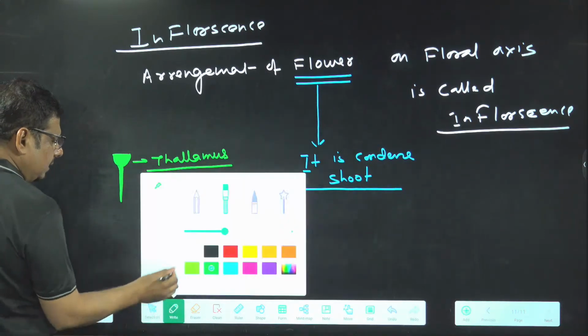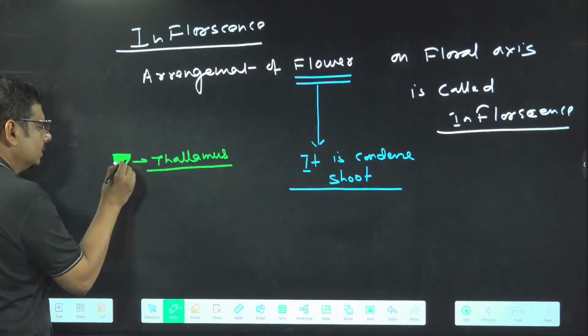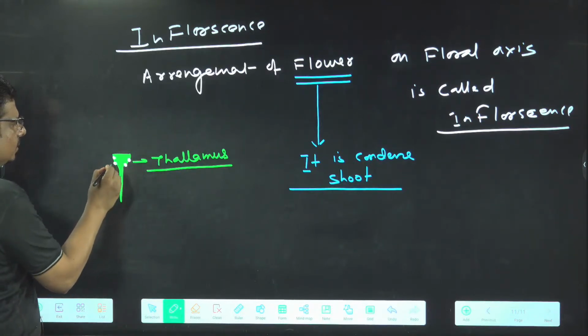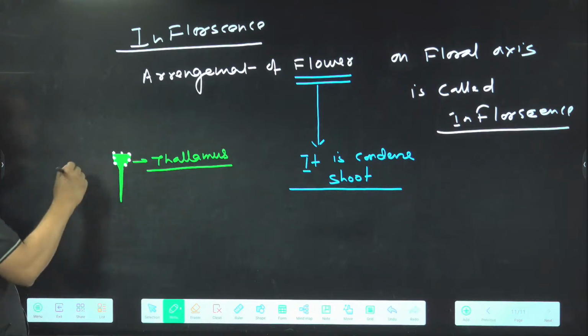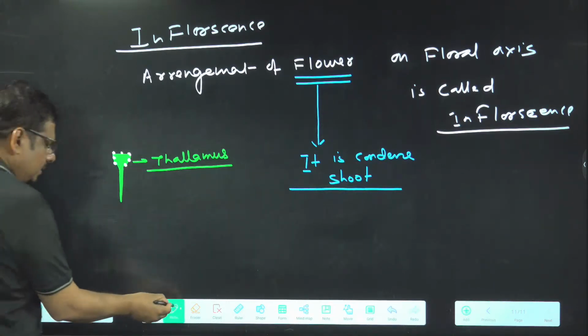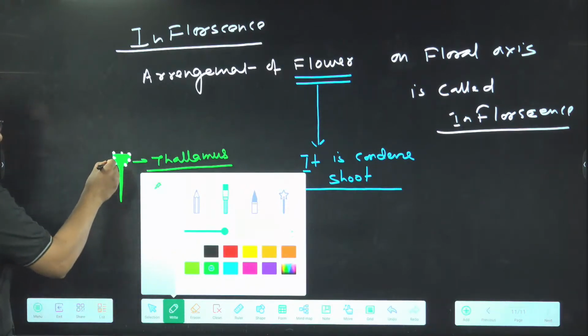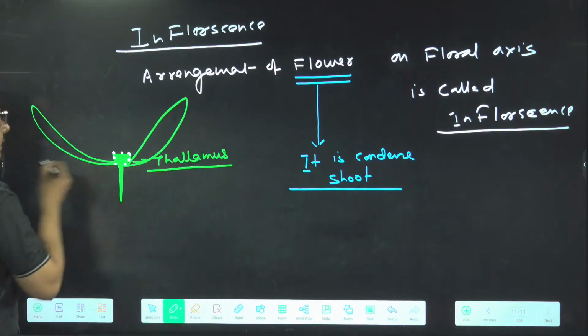And in this thalamus, what are you finding? Nodes are present here. These are the nodes. Getting the things or not? Different nodes are there, at very little distance. So from these nodes, floral leaves arise. How do floral leaves arise? This is the leaf, a floral leaf arising. What is this? It is calyx.